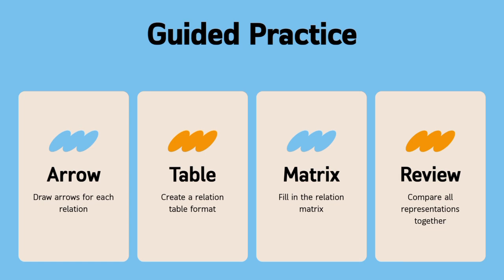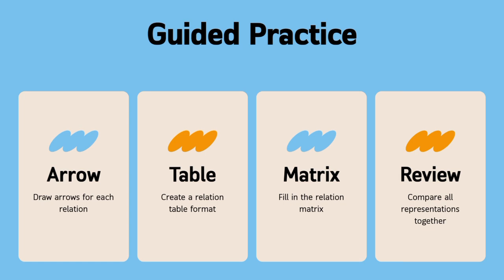Now let's practice together. Arrow diagram: draw arrows for the relation 1A, 2B, and 3A. Table: create a table with rows for set A and columns for set B, then mark the relation.